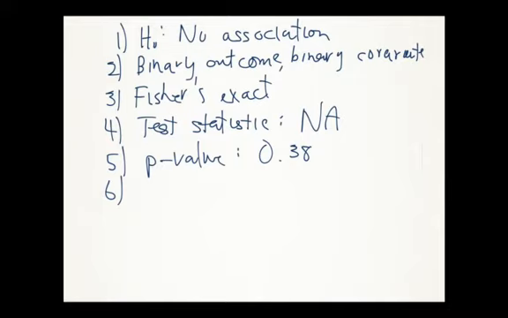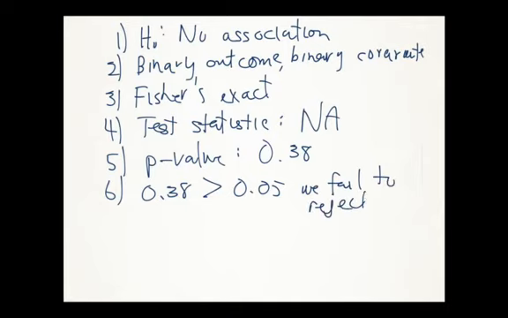Step 6, we would say, well, 0.38 is greater than 0.05, so we fail to reject the null. And in step 7, we would say the same thing that we said before, which is we conclude that there's no significant association between SNP and progression based on our sample.